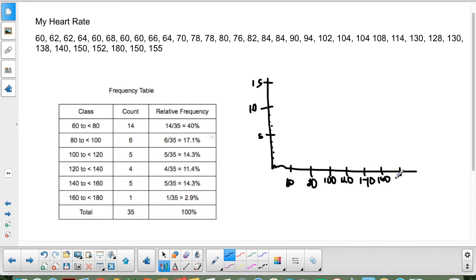Believe me, this isn't easy to do on the Mac. It's so much easier to do by hand. So you'll be drawing them by hand. You don't have to worry about doing it on the Mac. And then what I do is just go up 14. Over and up.